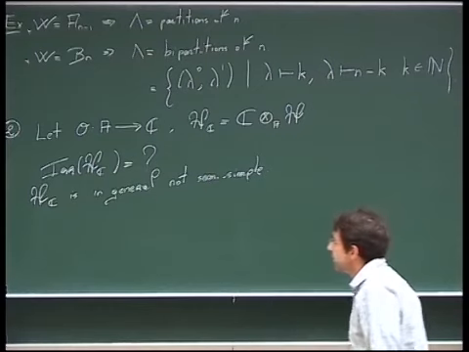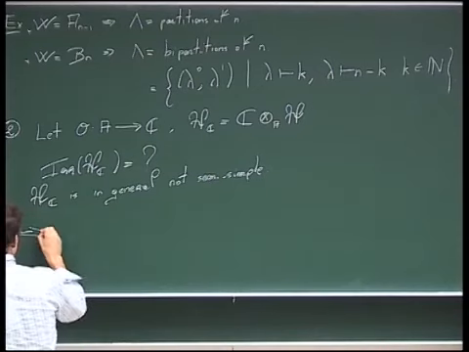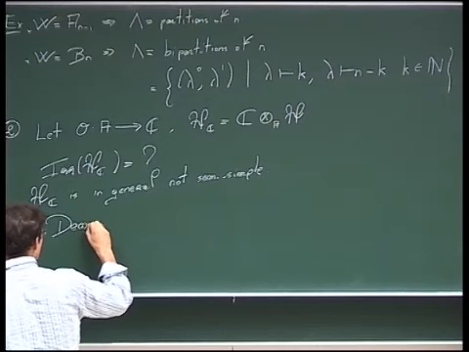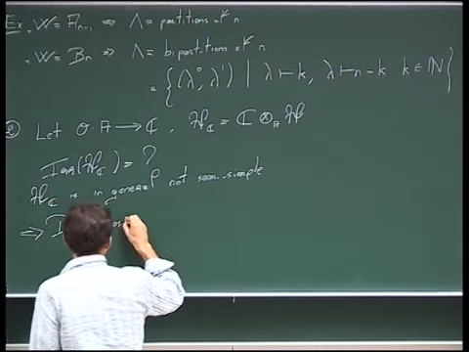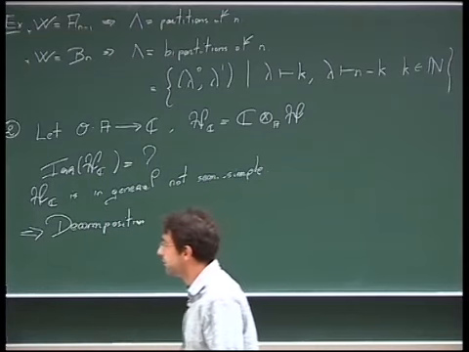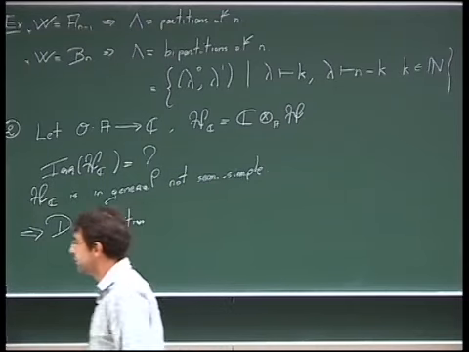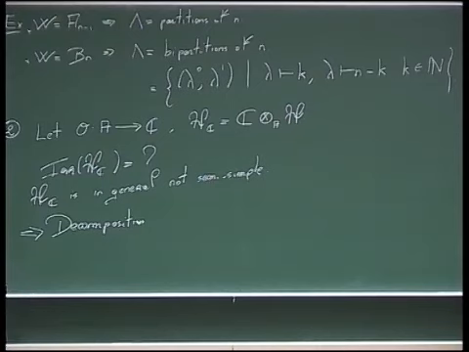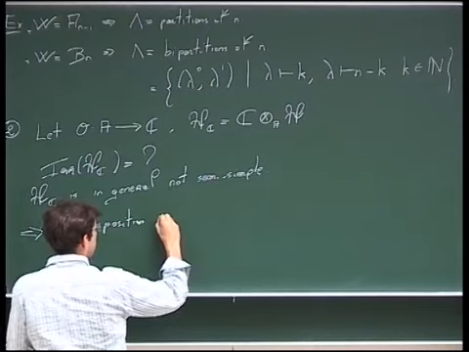I will now define the decomposition matrix, which will give a way to find these simple modules and to compare, in some sense, this set that we don't really know with the set of simple modules here that we know. So, the decomposition matrix.